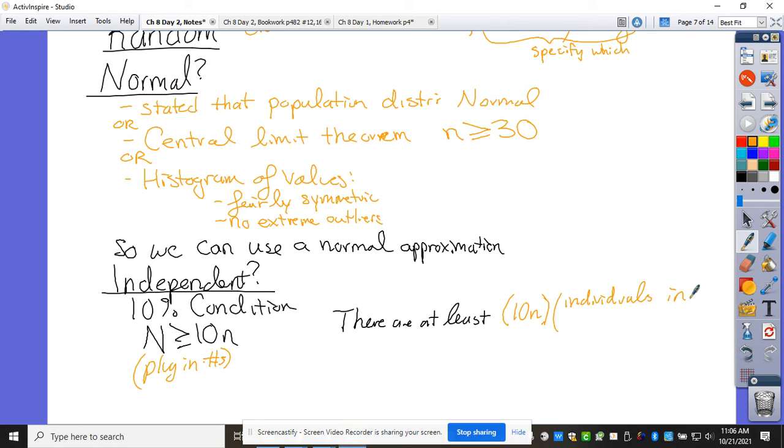And some people last time just wrote "there at least dot dot dot," that's fine too. There are at least 10 individuals in the population. So we're taking what we had before with our normal condition, our independent condition. We're now adding the method that we used and the fact that it needed to be random.